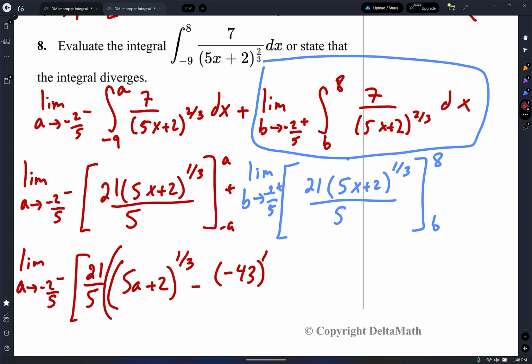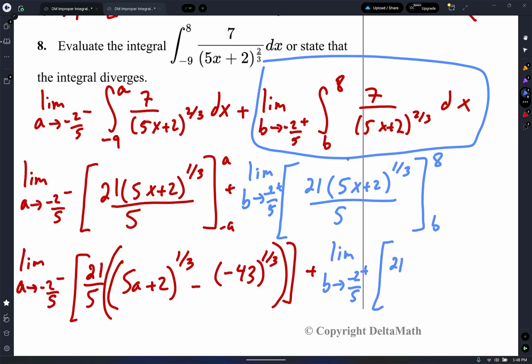I'm not going to bother with that. Big parenthesis bracket plus, yeah, that's going to zero out. It looks like this is going to converge. Limit as b approaches negative 2/5. Let's see what it converges to.